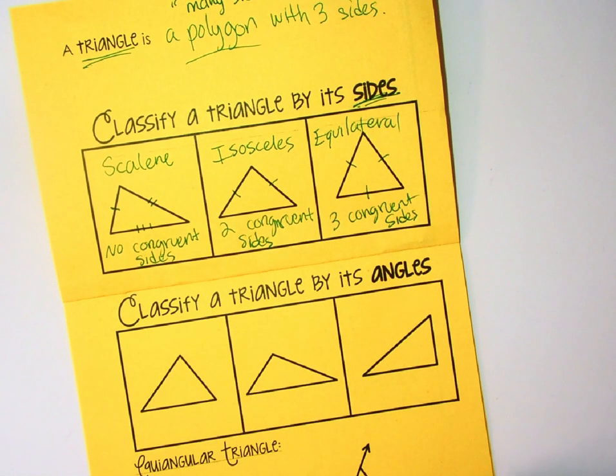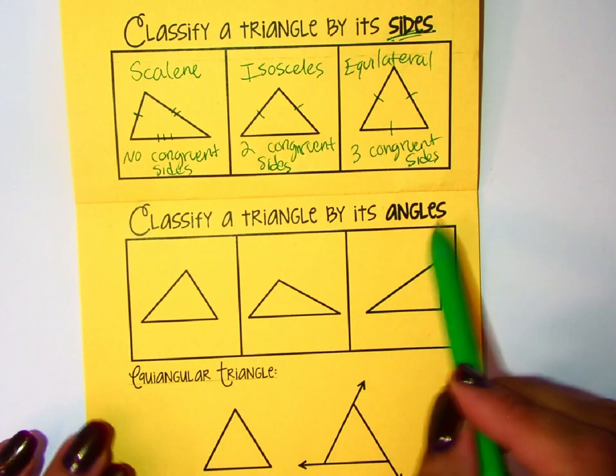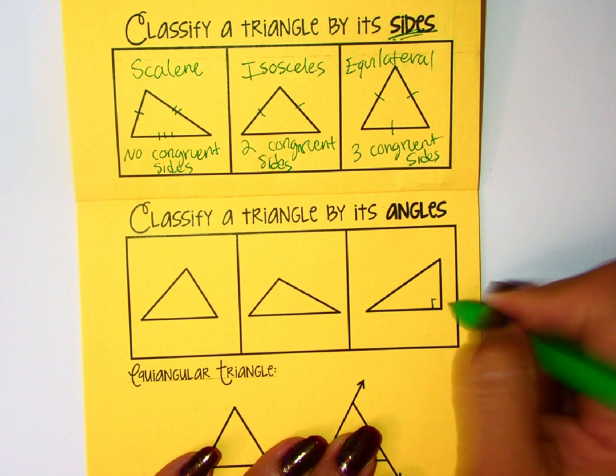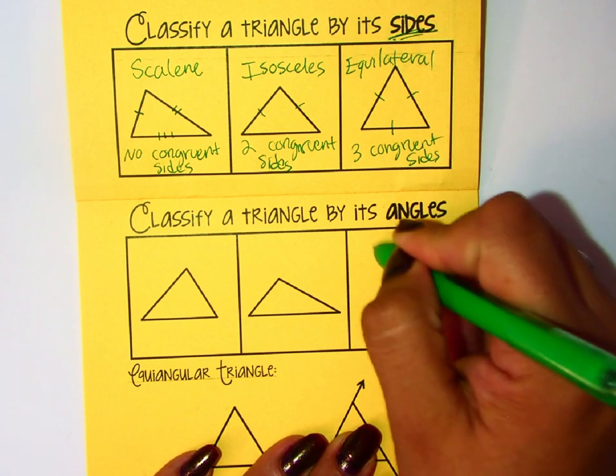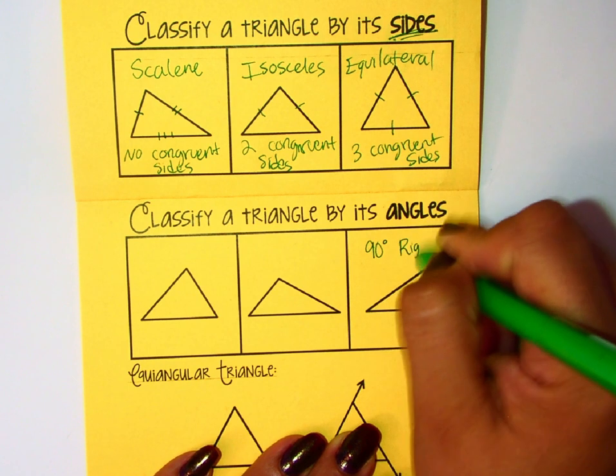All right, so that's classifying the triangle by its sides. Next is classifying the triangle by its angles. So we have the one that has a 90 degree. We all know that to be a right angle, so we're going to say right triangle.